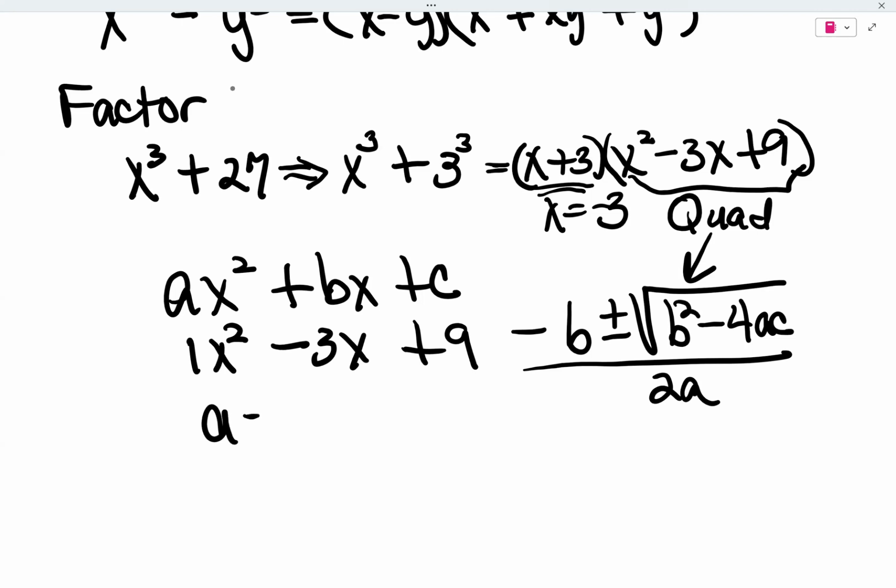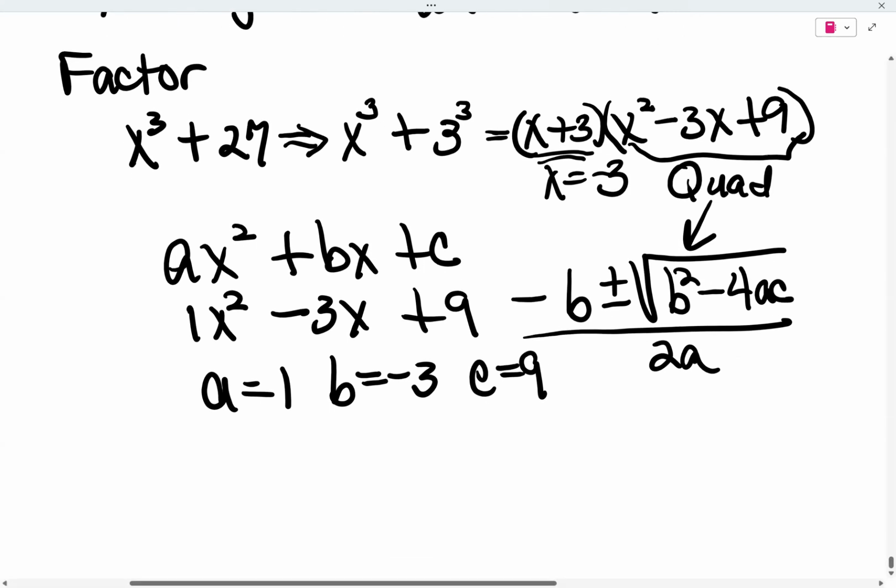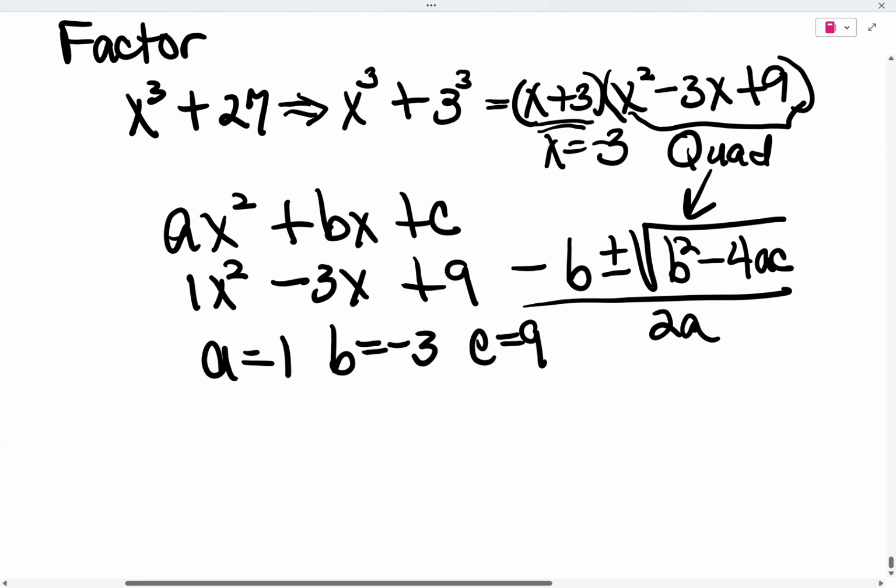So the a term in our case is 1, the b term is negative 3, and the c term is equal to 9. And we literally plug it into the formula. And that's how you find your x values. So these are x-intercepts of some sort. I believe with this example, you end up with negative or imaginary numbers.